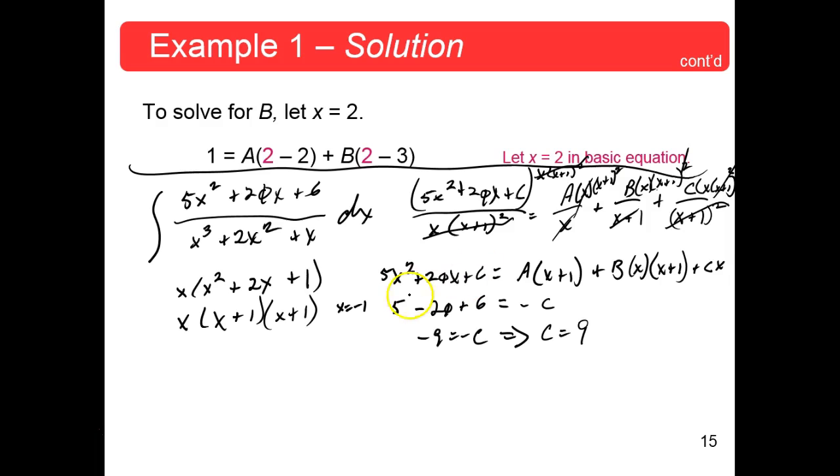Okay? And if x equals 0, what does the left-hand side give you? 6 is equal to, and x equals 0 here would be A, and the next one, 0, the next one, 0. So A is equal to 6.